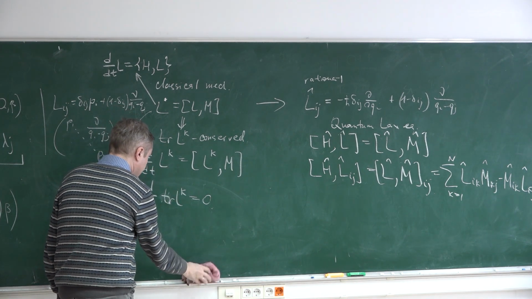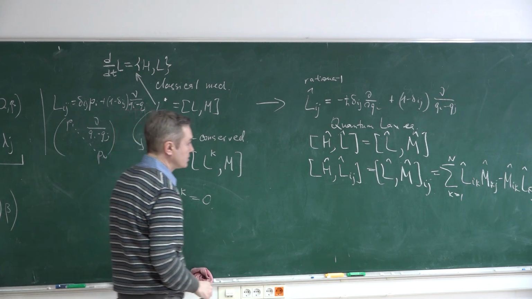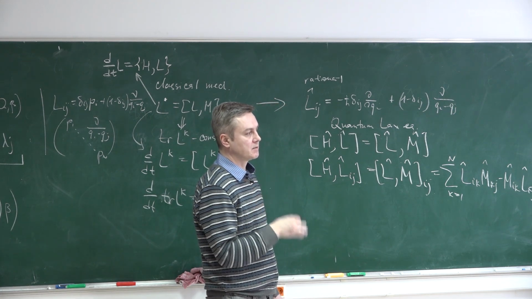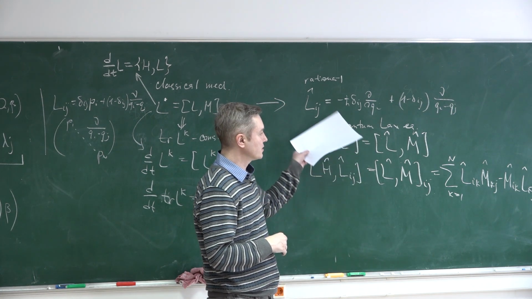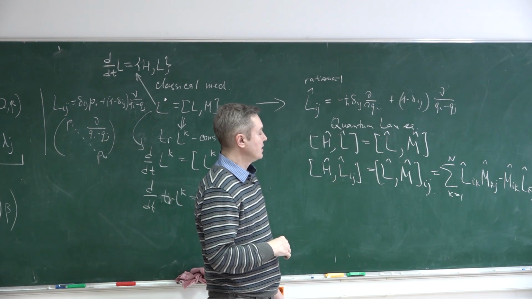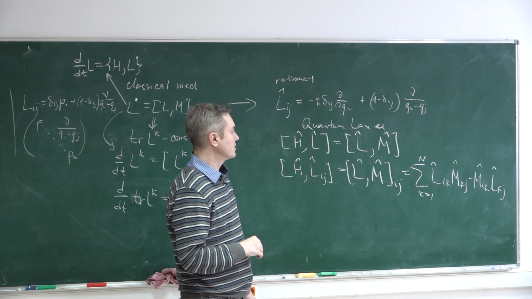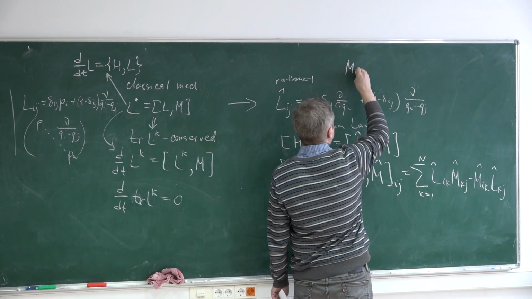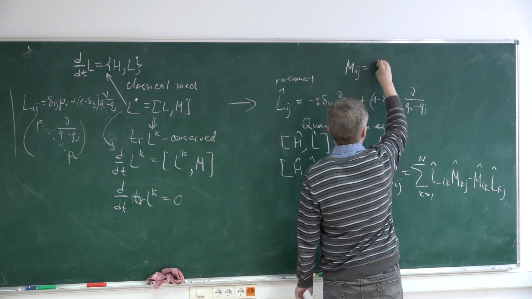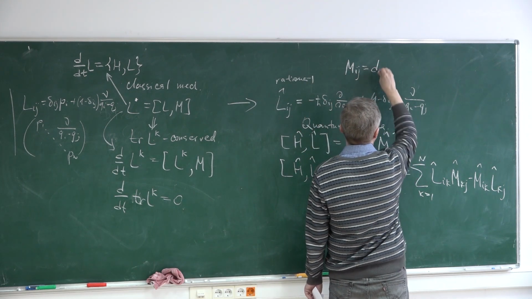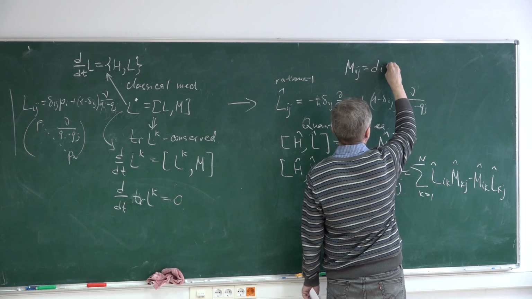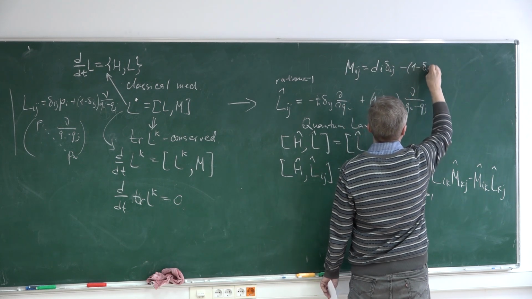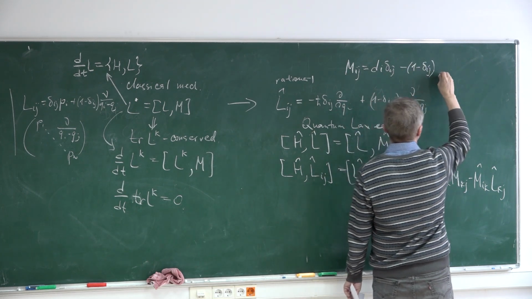And the M matrix is in fact the same. The M matrix was independent of momenta in the classical mechanics. Our M matrix for this model depends on positions of particles only. And in fact it is the same here, so that it is d_i delta_ij minus one minus the Kronecker symbol.